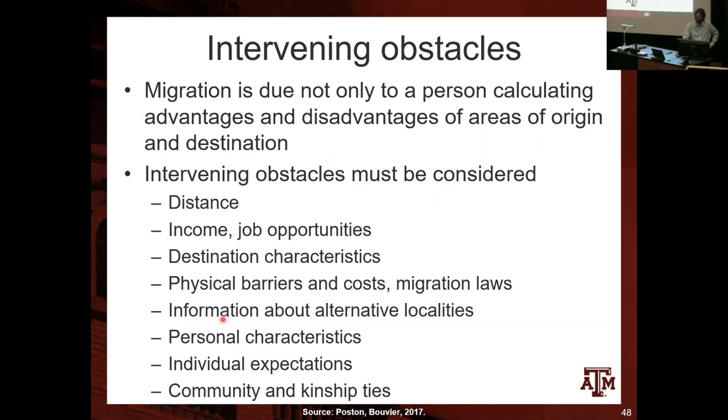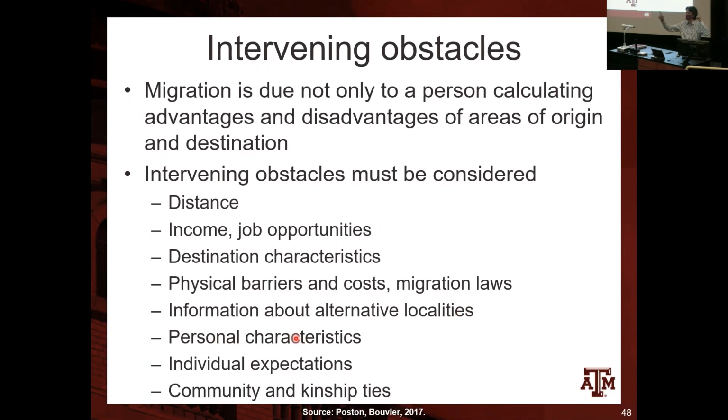And also network information about alternative localities. If I have friends and family that already migrated to a specific country, a specific area, I will know better about opportunities of jobs over there in this area of the nation. So I'll be more likely to migrate. And my personal characteristics: if I'm more well-educated, I might have more connections with people in other areas.